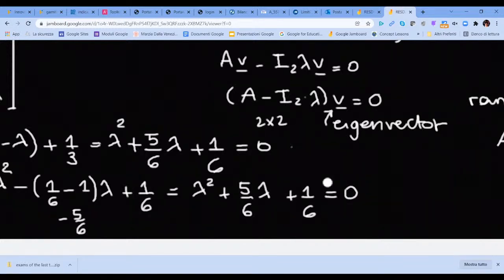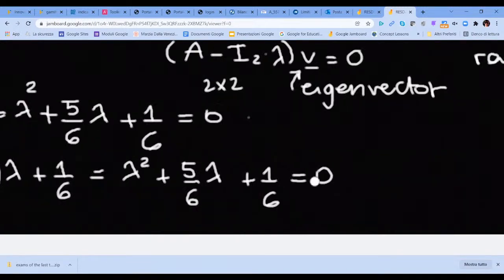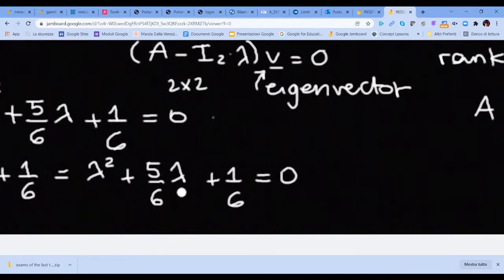The values of lambda are two numbers that multiplied give 1/6 and added give 5/6, and this number minus 5/6.